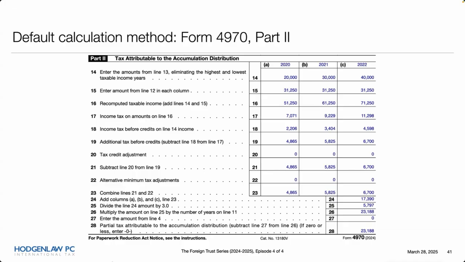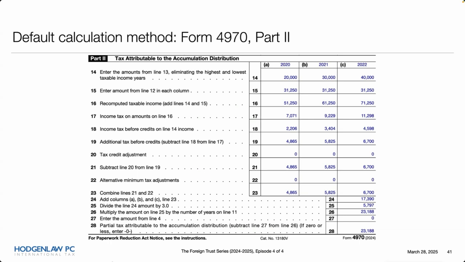Come line 23, subtotals. Line 24, we take all of line 23, add it together. Then line 25, we divide the added together by 3, and then we multiply by the number of years. Remember 4 above. So that's the entire period of the trust's existence as the throwback period.